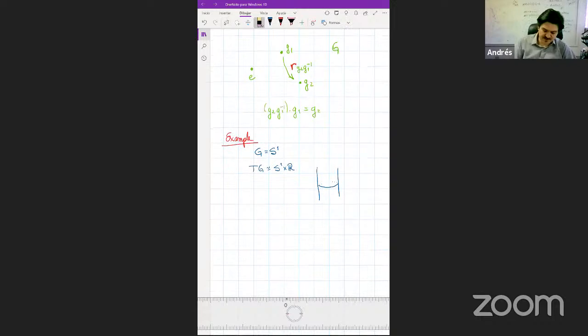Let me draw it here instead. Here you have the projection map. So above a point, you identify this with the tangent space.